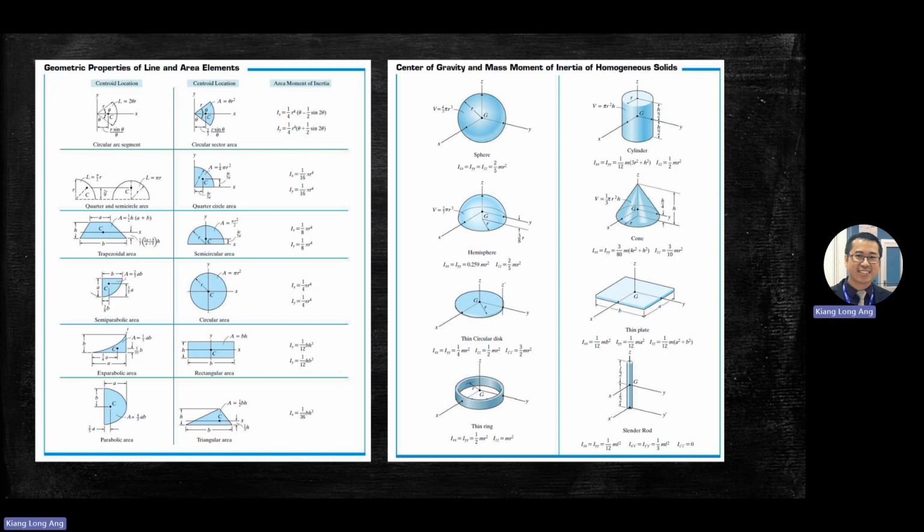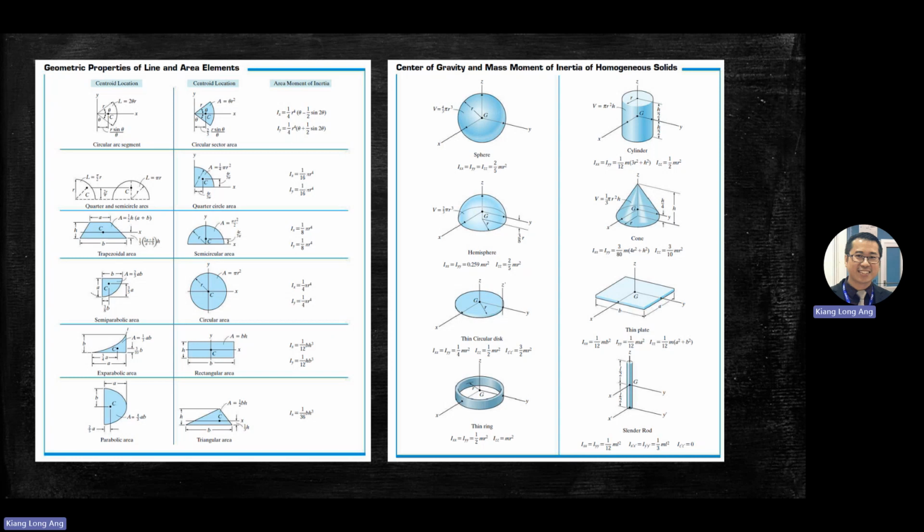How do you know which one to choose? It depends which axis you are referring to. For example, just now the question gave you the z-axis here, so you read IZZ equals half m r square. Where is your r? Refer to this table. You're already given the r here, so just read where the r comes from.